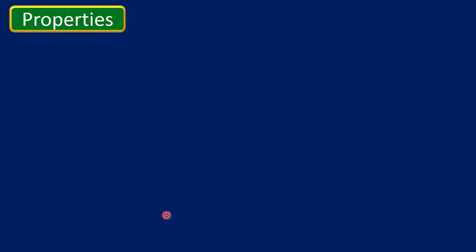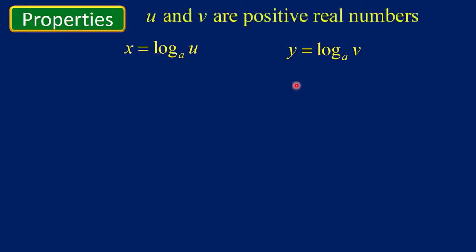Let's look at 3 properties of logarithms that are going to make them a really powerful mathematical tool for us. First of all, let's consider this situation where we let x equal log base a of u and y equal log base a of v, and u and v, let's say, are positive real numbers.